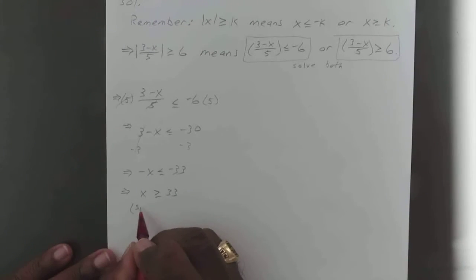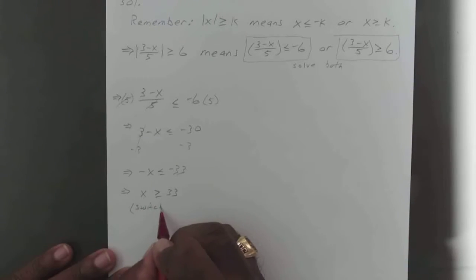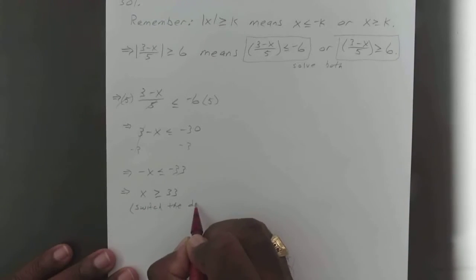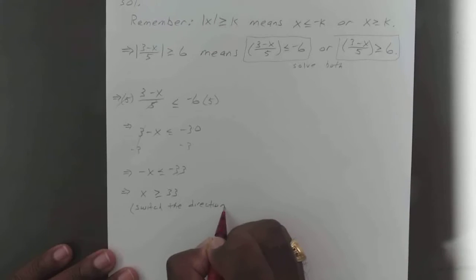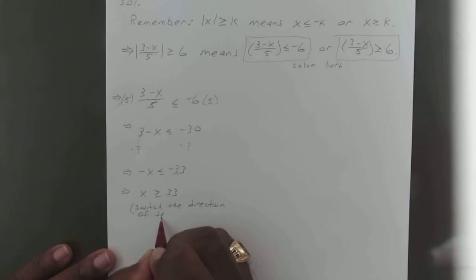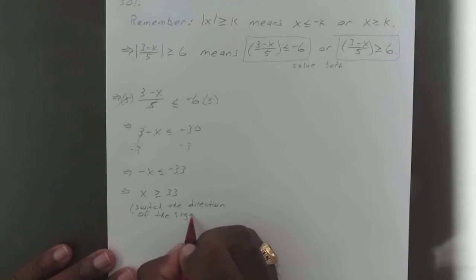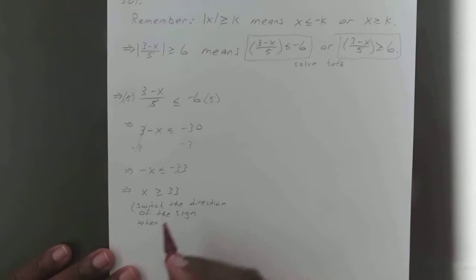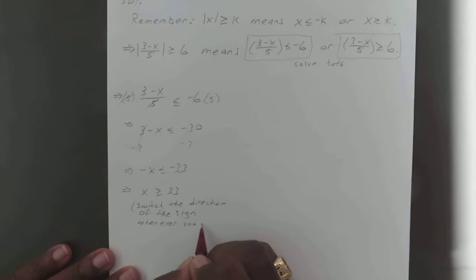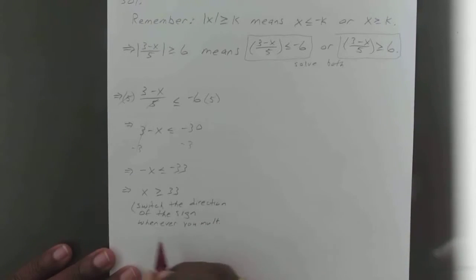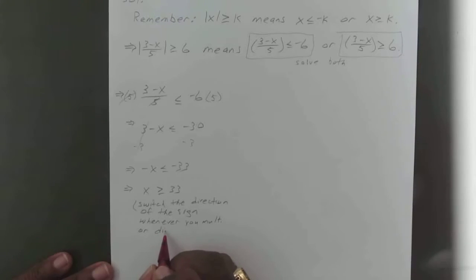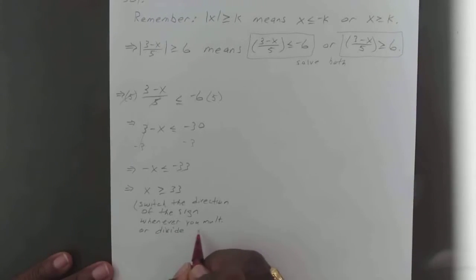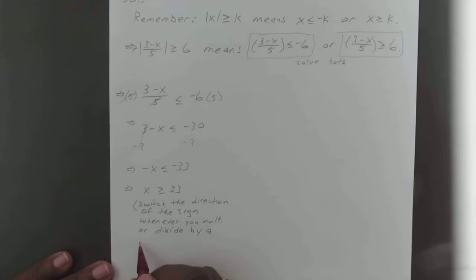Switch the direction of the sign whenever you multiply or divide by a negative number.